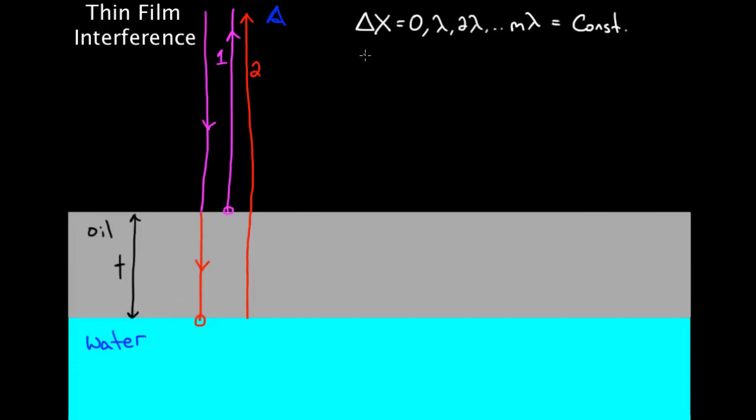And anytime the path length difference is half integer lambdas, so half lambda, 3/2 lambda, and so on, you can call this m plus a half lambda, these are going to be destructive. I guess that doesn't equal constructive. It implies constructive and destructive. But remember, we've got to be careful.